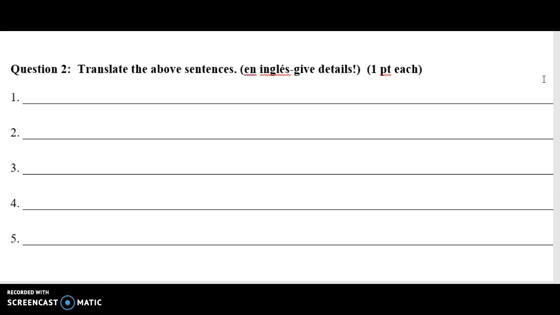So, we, you, they, teacher, student, those sorts of words that there's more than one word in Spanish, but only one word in English, you need to give those details. So translate question or sentence 1 on line 1, 2 on line 2, etc., etc.